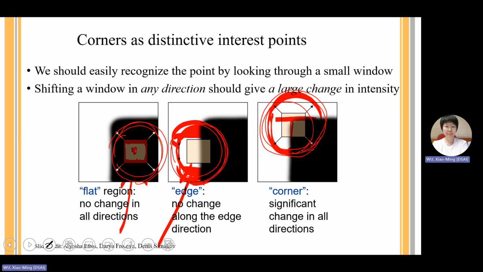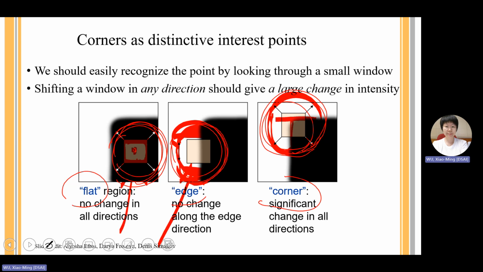Well, as we mentioned before, we can roughly know whether this point represents a flat region, an edge, or a corner by looking at its image gradients.